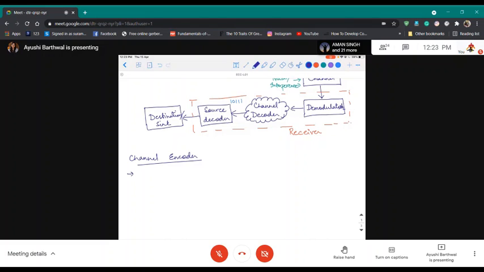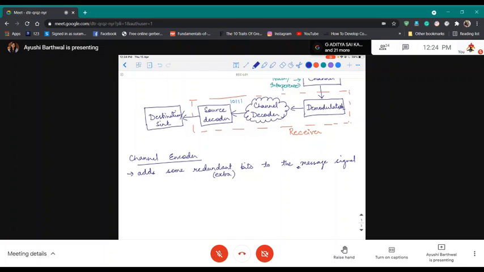It generally adds some redundant bits, which means it adds extra bits which are not information bits, to the message signal which is encoded by the source encoder.